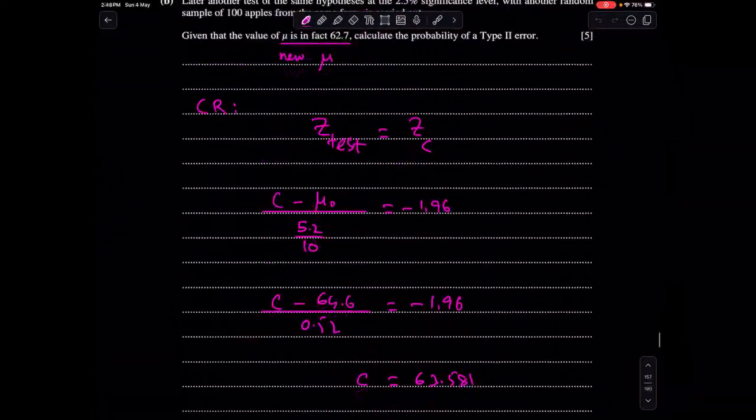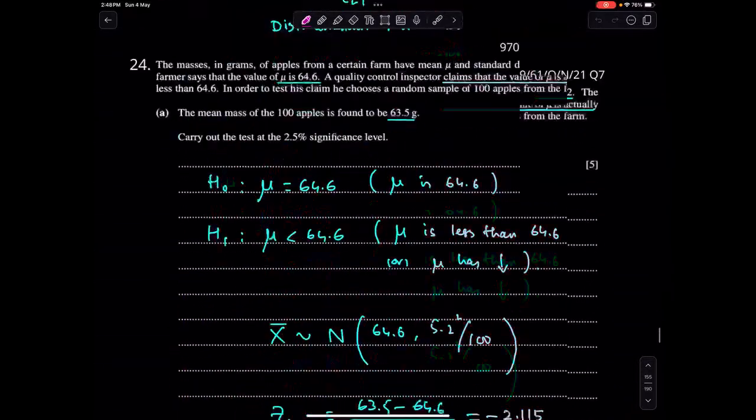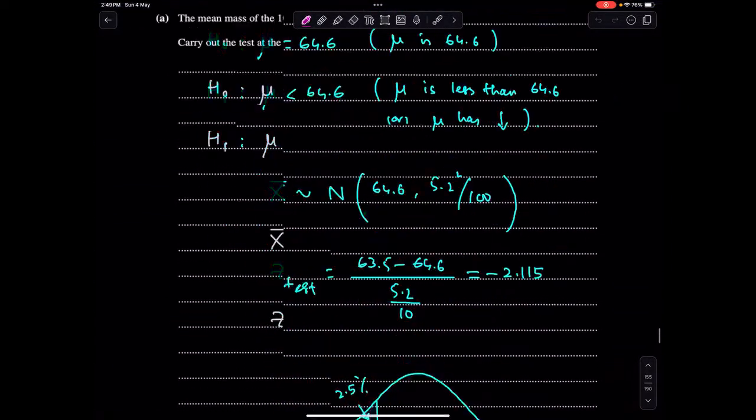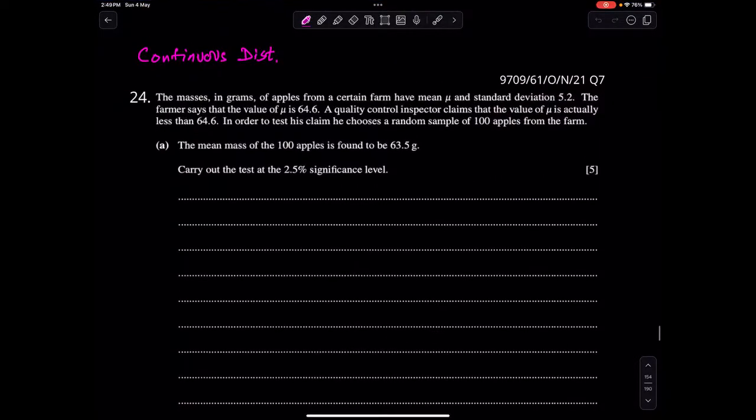Yeah, this is a question of type 2. Okay. A type 2 error in continuous distribution.